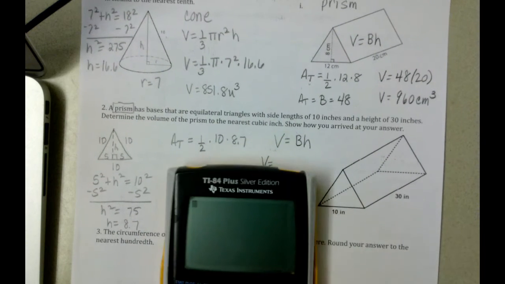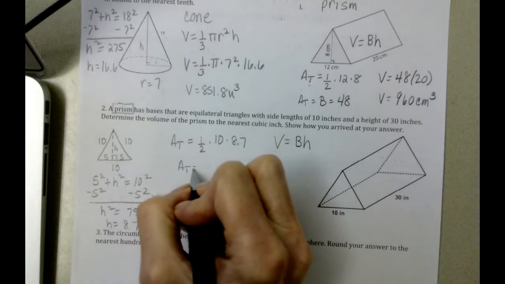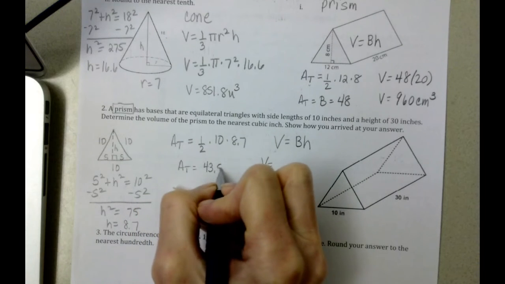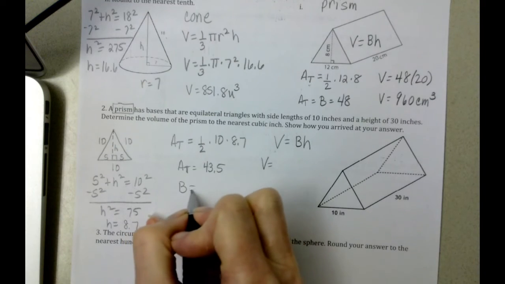So if we do that, 1/2 times 10 times 8.7, we get 43.5. So the area of the triangle is 43.5.